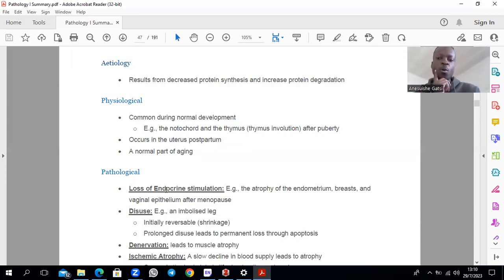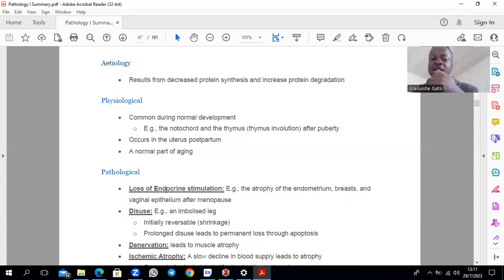For example, you may have an endocrine malfunction, then you don't have hormones. The disease leads to a decrease in hormones that are supposed to stimulate a certain organ. That decrease in hormones will then lead to atrophy, for example, estrogen for the breast, or the endometrium.